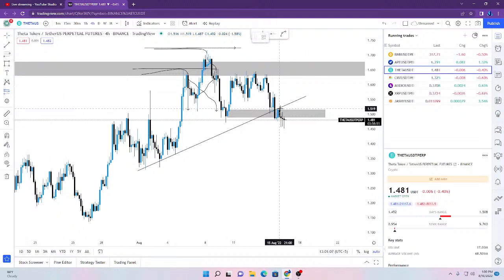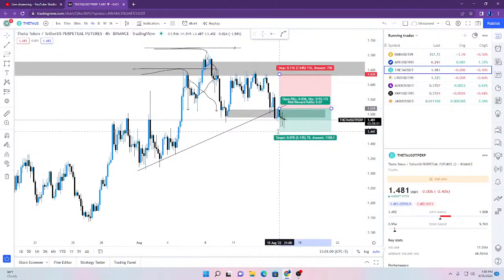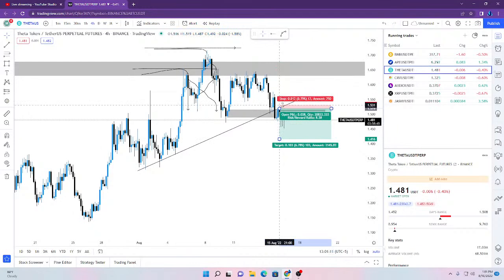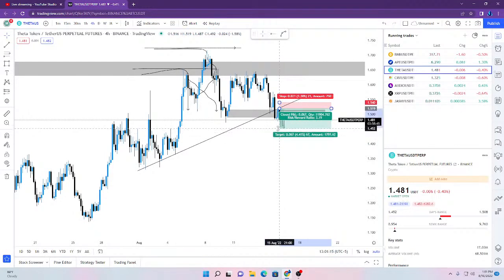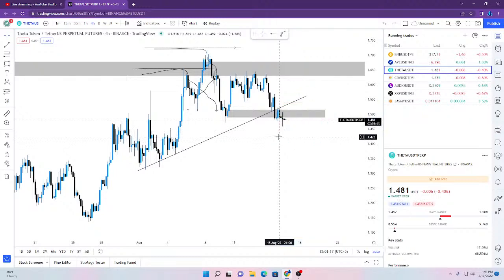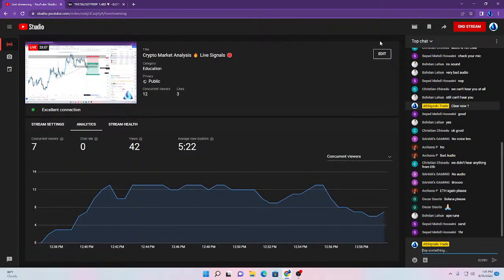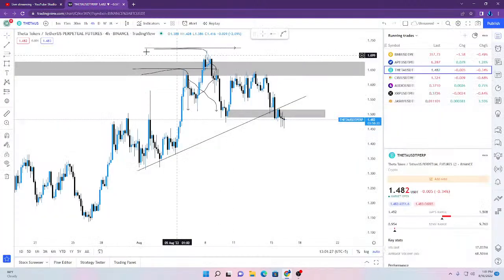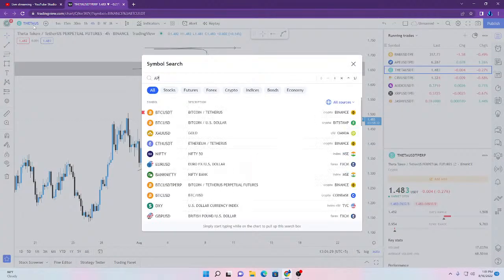Many alts are showing shorts, many alts are showing longs. This would be our trade if you would have taken it, but we'll be focusing more towards shorts once the trend changes and we get a confirmation from Bitcoin that we are all set to touch lower zones. Ape, Rune, and Sand are on my next list. Theta is done. Let's move on to Ape.